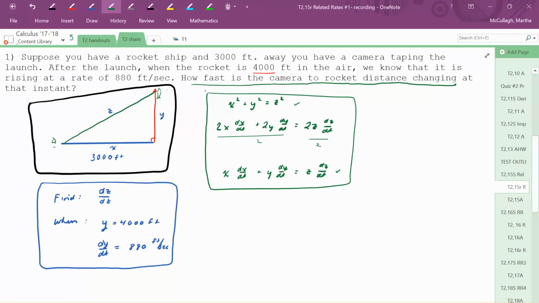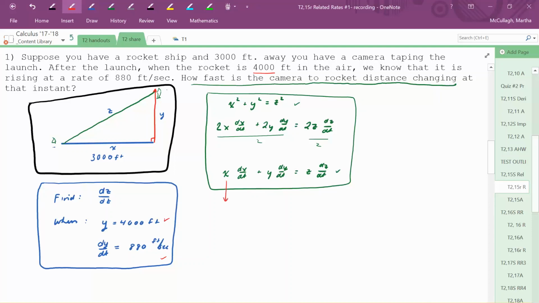Now I'm going to talk about at this point in time. This isn't always true, but there is a moment in time when I know that y is 4,000 and the rate of change of y is 880 feet per second. Given that information, I'm going to use this equation I just came up with and see if I can find the value for dz dt.